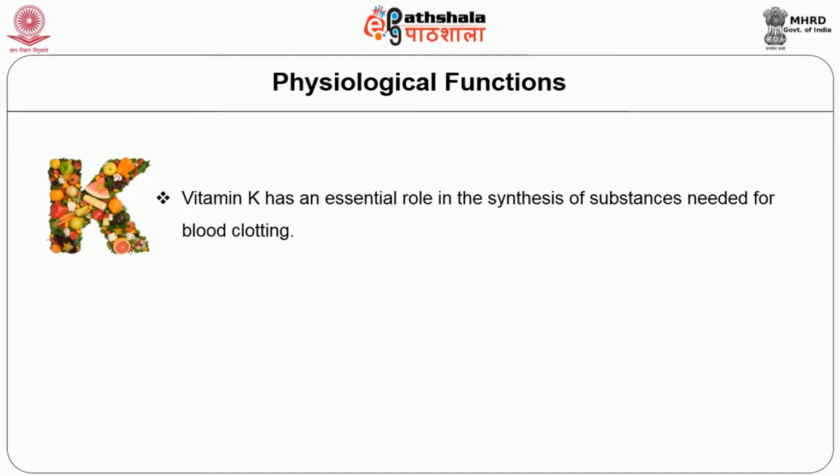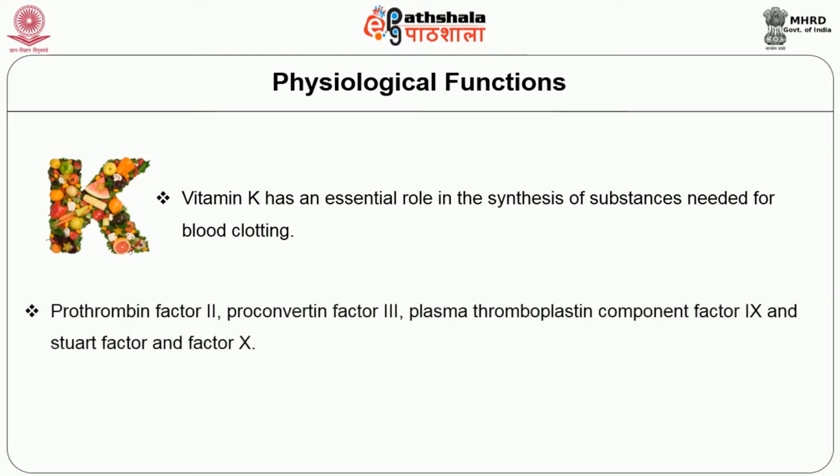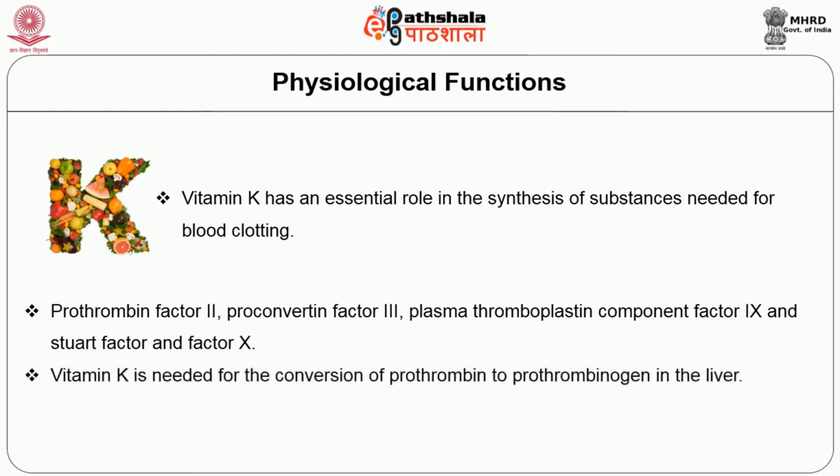This has an essential role in the synthesis of substances needed for blood clotting: prothrombin factor 2, proconvertin factor 7, plasma thromboplastin component factor 9 and Stewart factor, factor 10. Vitamin K is needed for the conversion of prothrombin to prothrombinogen in the liver.